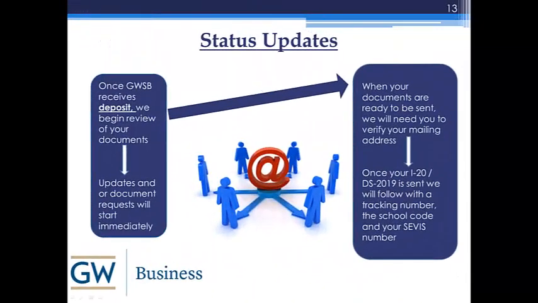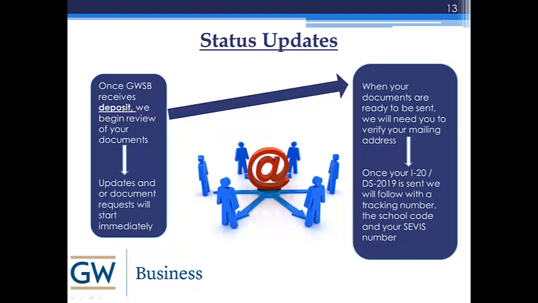Once your application has been submitted, you have been accepted and admitted, and you have paid your deposit, we will begin reviewing your documents. You must have paid your deposit before we will process any of your documents. We will keep you updated every step of the way and send you regular emails regarding whether your file is ready to be processed or if it is missing components.